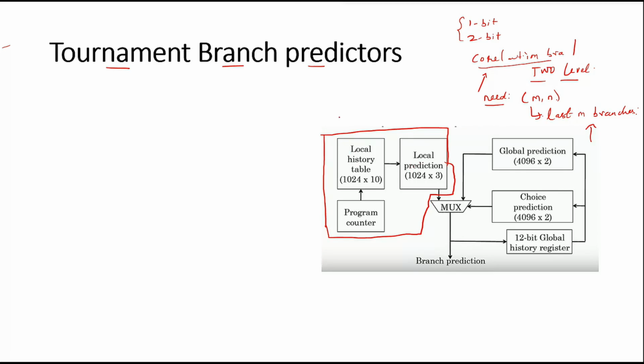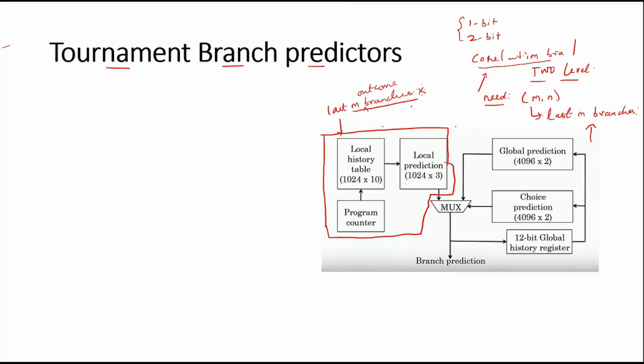The history table contains the last m outcomes of the branches. Based upon that, with the prediction table, we get to know whether it has been taken or not.